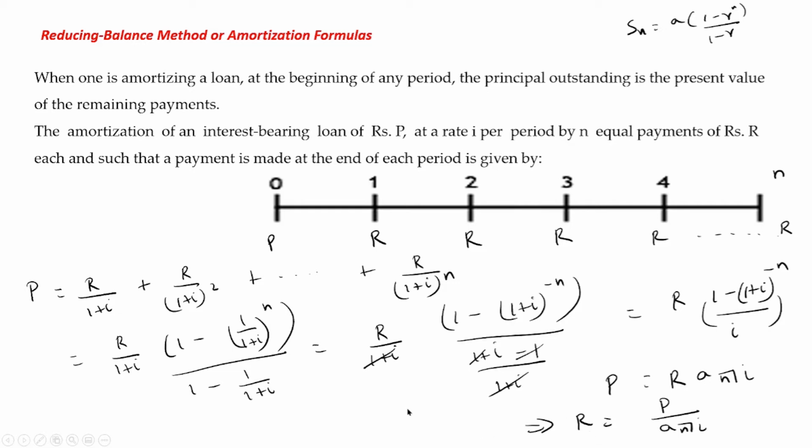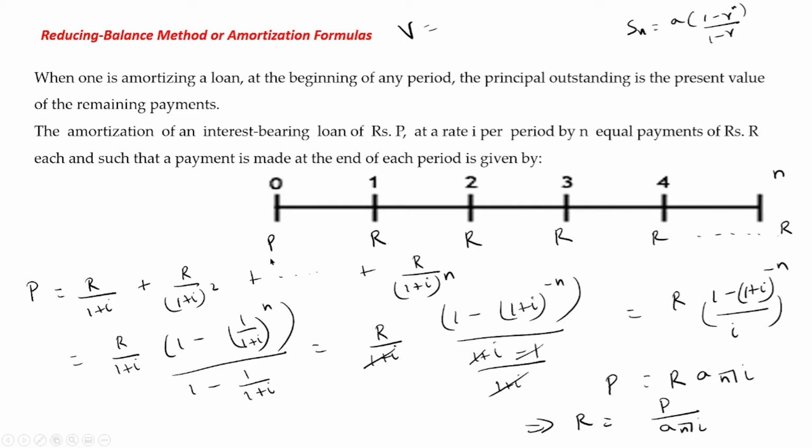It is similar to valuation of bonds, where we know each of these interest payments and the maturity value, and we find the present value of each of these. That is, we find the purchase price of the bond V using the interest payments and the maturity value C. Whereas here in loan amortization, we know the principal amount.